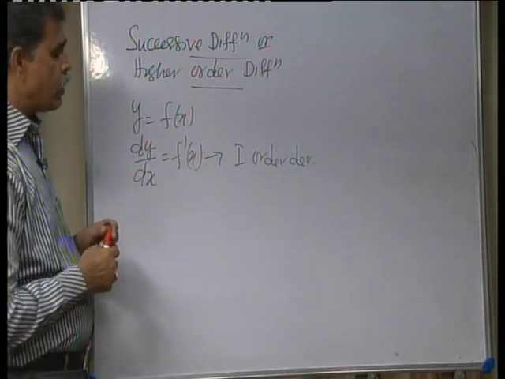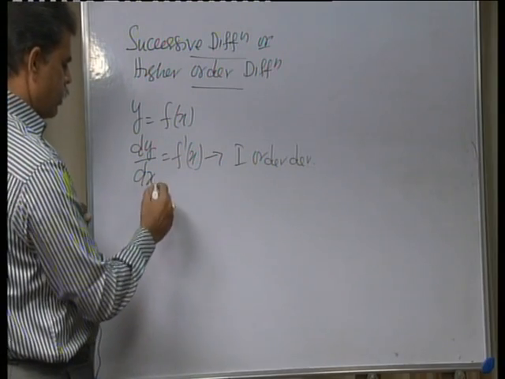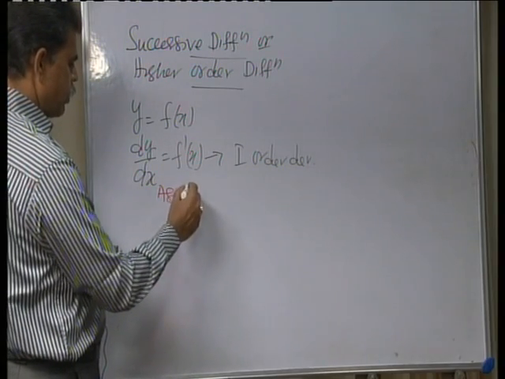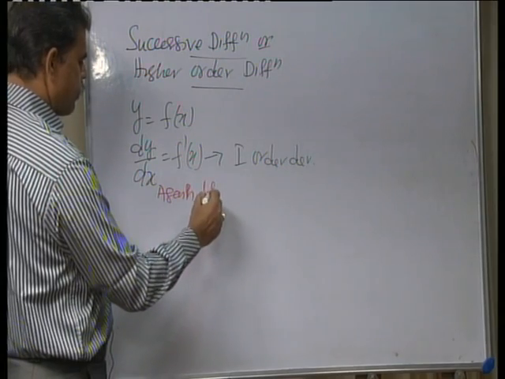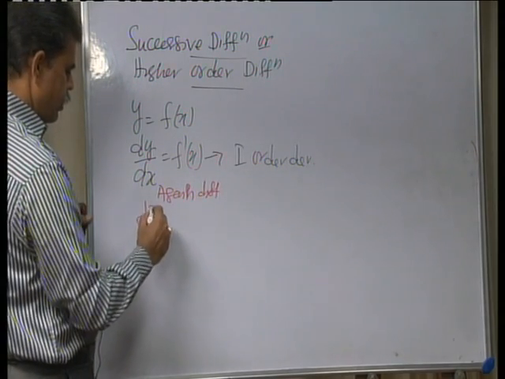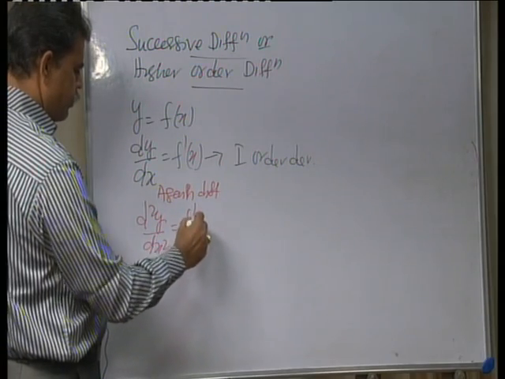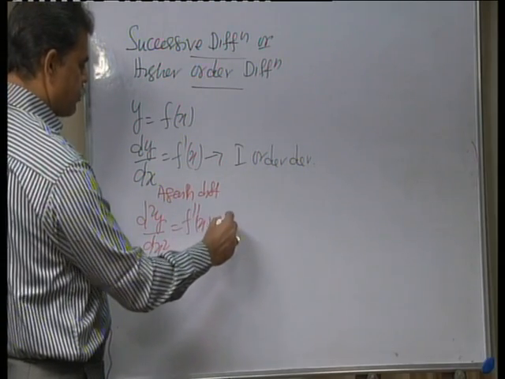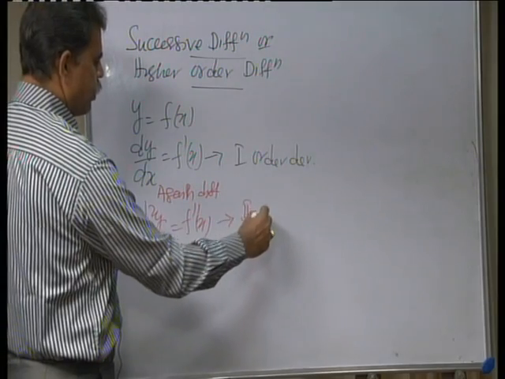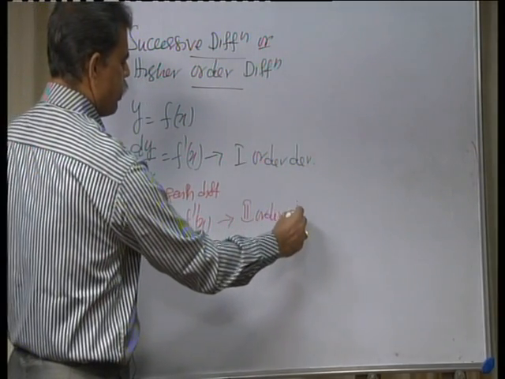If it is differentiable, again you go for differentiation. We will get d square y by dx square, for instance, I will show f double dash x. It is second order derivative.